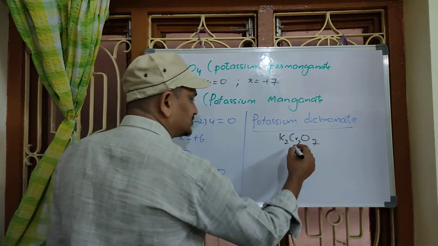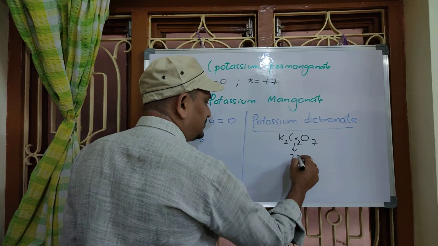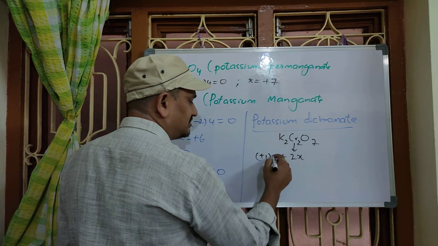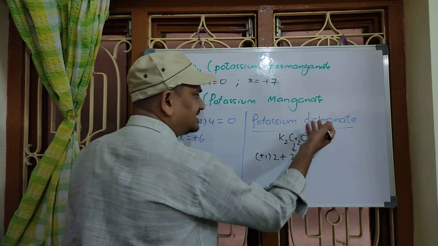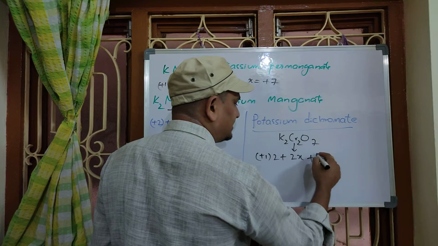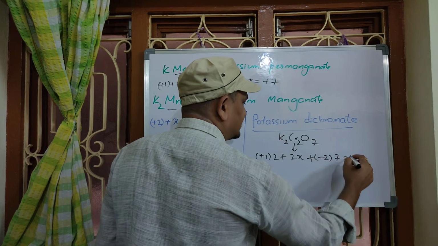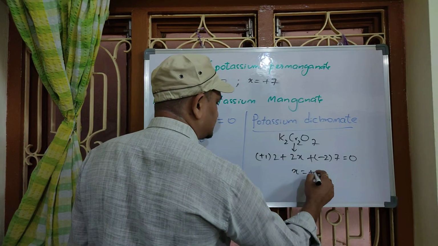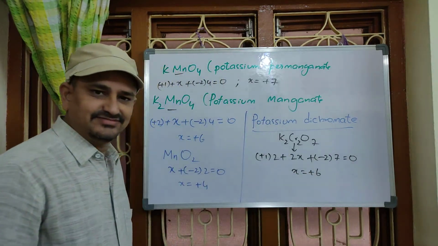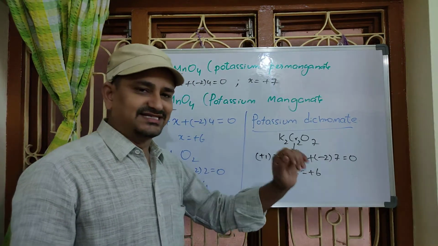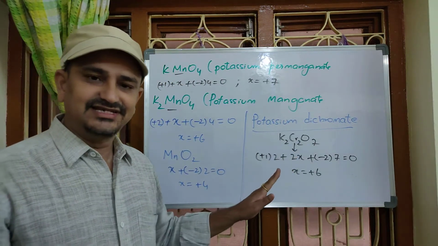So let it be 2x for 2 chromiums, plus each potassium is plus 1 into 2, plus there is no per prefix here. Have you noticed? All oxygens are bearing minus 2 into 7 equals 0. So on simplification, X equals plus 6. So in potassium dichromate, chromium bears plus 6. Is that clear?